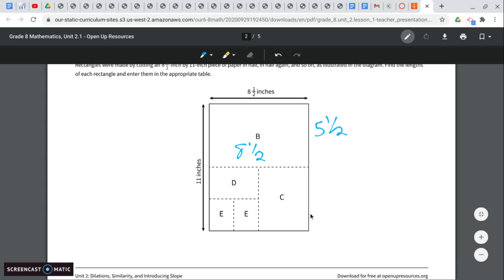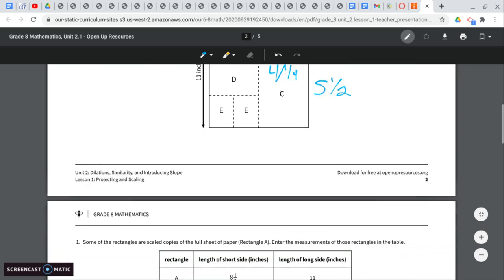Now, so we know C, this dimension is 5.5, but our width, so going across, we went from 8.5, but we fold the paper in half, so we have half the size. So 8.5 divided by 2 would be 4.25.